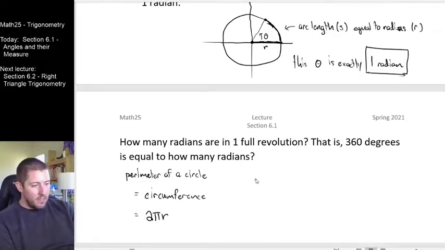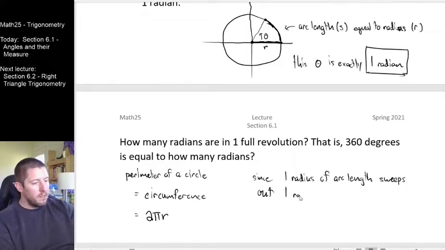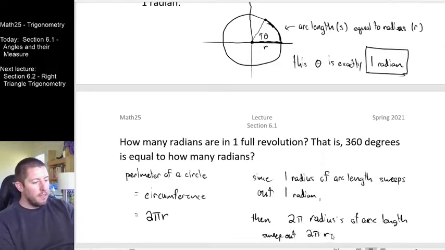So let's say since 1 radius of arc length sweeps out 1 radian, then it must be that 2 pi radiuses must sweep out 2 pi radians.